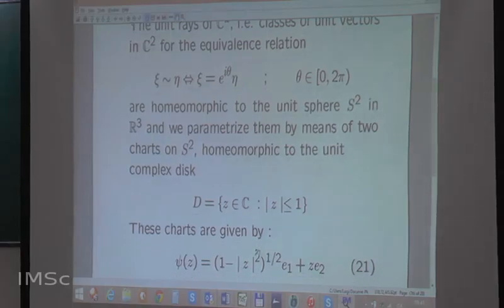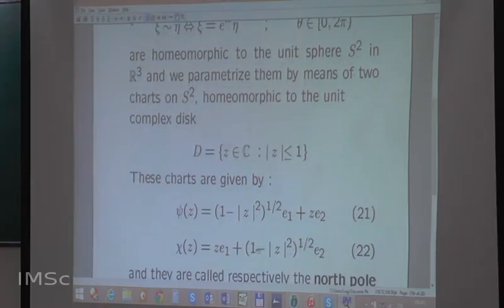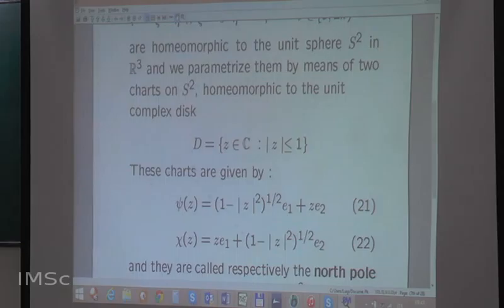So rays correspond to the unit sphere. And so you have two well-known parametrizations of the unit sphere. The one which is based on the North Pole, and the other one that is based on the South Pole.